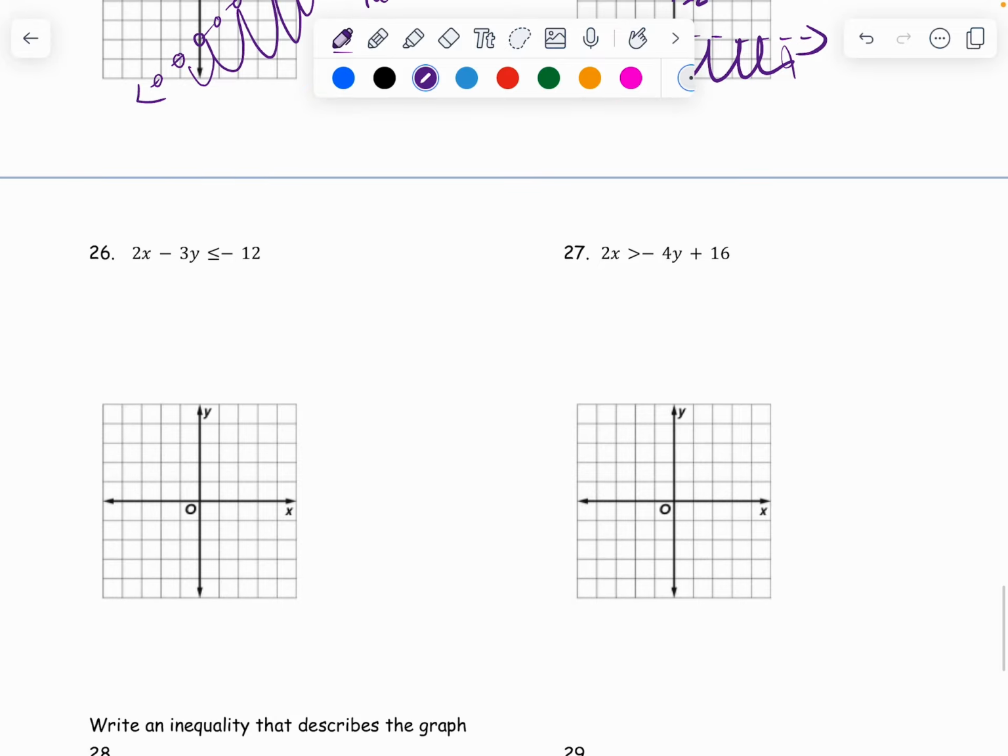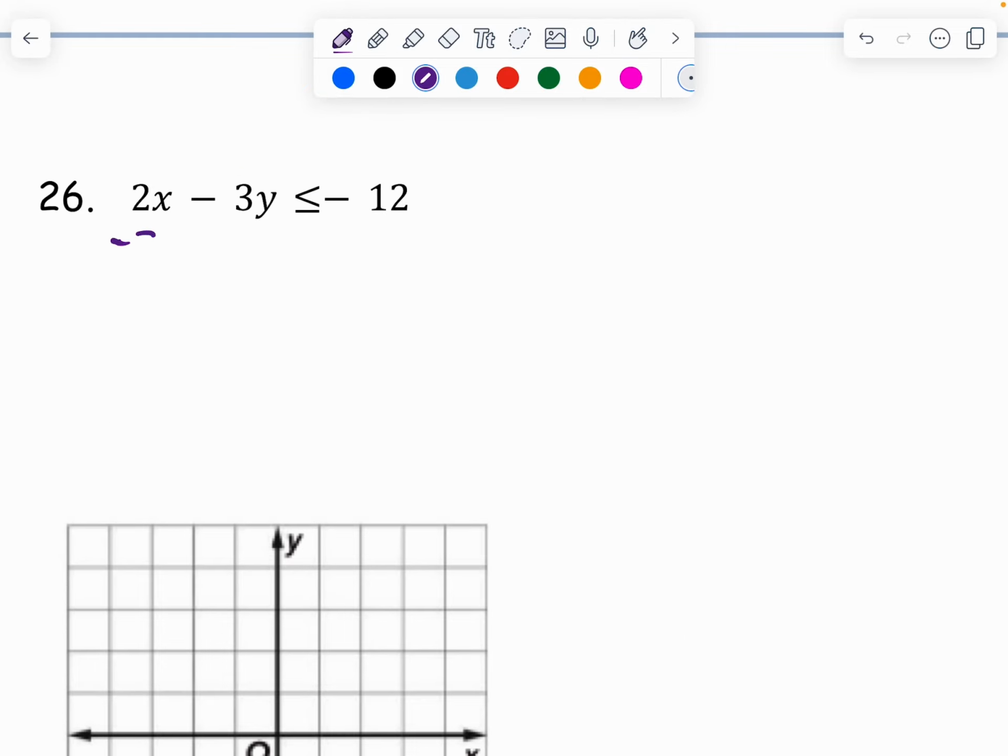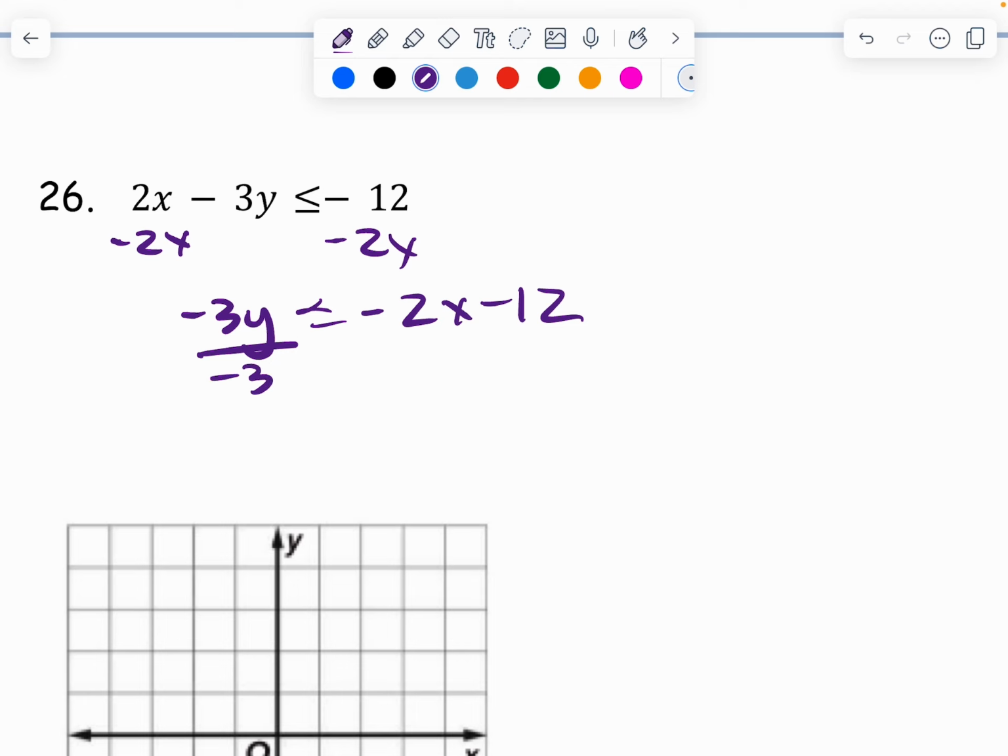Okay. So this one, I'm going to subtract 2x from both sides. -3y is less than or equal to -2x minus 12. Divide by -3. Y is greater than or equal to 2/3 x plus 4.